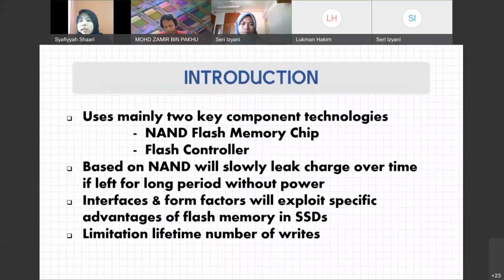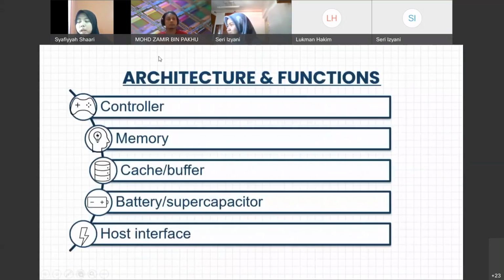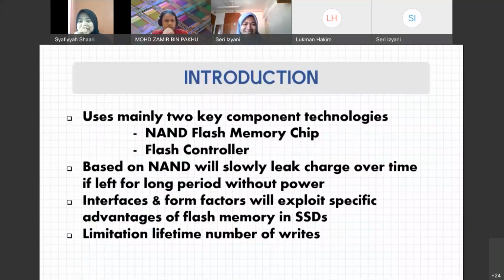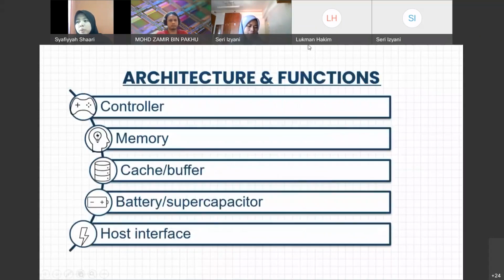So, SSD uses mainly two key component technologies. First, NAND flash memory chip and flash controller. These provide high read and write performance. SSD based on NAND flash with charge leaking over time is less reliable for a period without power.